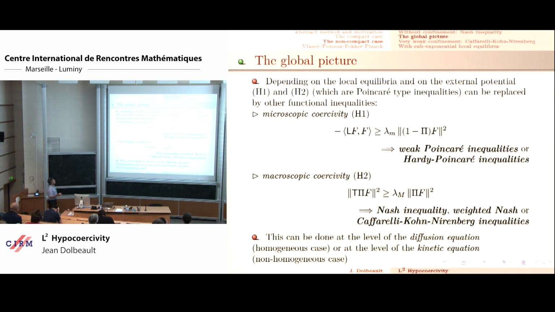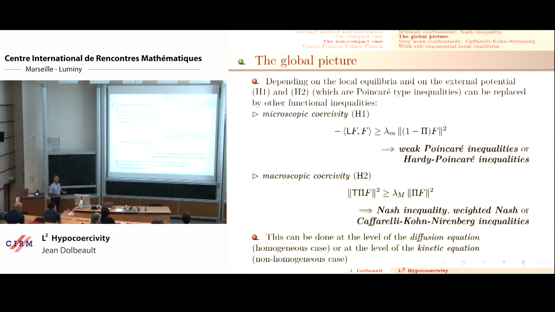Typically, you can replace Poincare by weak Poincare, which is rather standard, or Hardy-Poincare, which is a bit less standard. Concerning the macroscopic coercivity, I already showed you that when V is equal to 0, you can replace it by a Nash inequality.